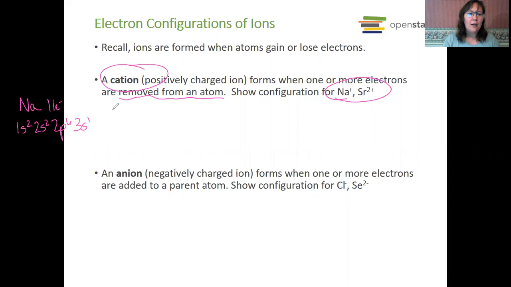Now, when sodium loses 1 electron to become sodium plus, now it has 10 electrons. And it just loses this last one, 1s2, 2s2, 2p6. So you could say that this is just like neon and 3s1.